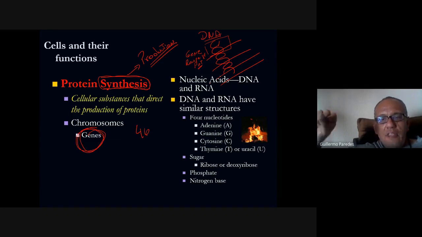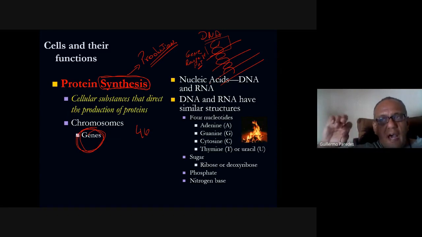Remember, the DNA has a double helix; the RNA has only one helix. The DNA contains A, T, C, and G: adenine, thymine, cytosine, and guanine.